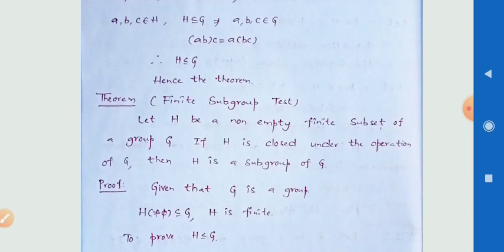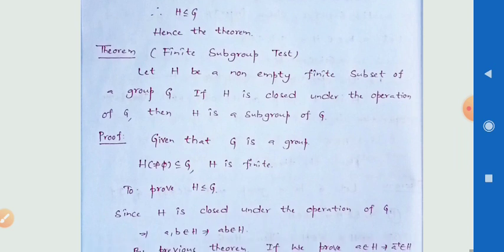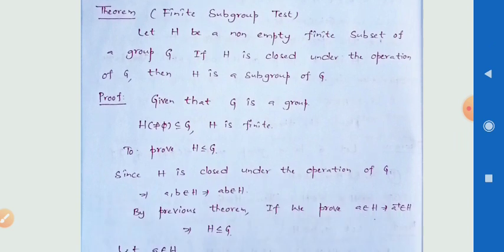H is a finite subset of group G, means H is a finite set, and H is also satisfying closure under the operation of G. Then we have to show that H is a subgroup of G. Here two conditions are given: H is finite and H is closed under the operation of G. By using these two conditions, we have to show that H is a subgroup of G.